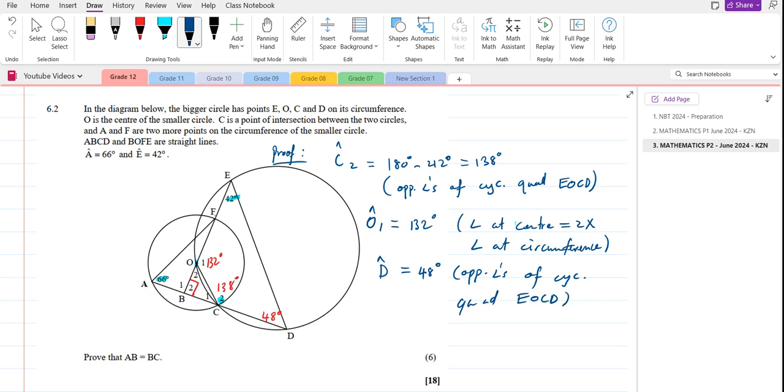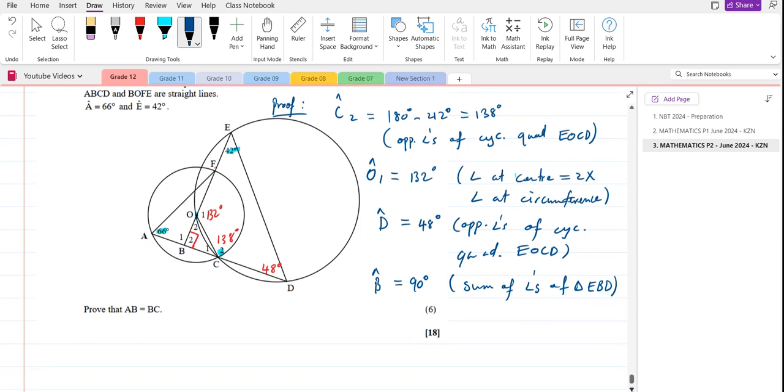Now when you say sum of angles of triangle, please label the triangle, and label the cyclic quad EOCD, like what I'm doing. Now we can say in triangle EBD, angle B is equal to 90 degrees. Why? Because 180 minus 48 minus 42, that is sum of angles of triangle EBD. Now that gives us line from center perpendicular to chord.